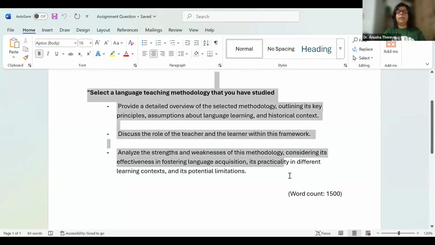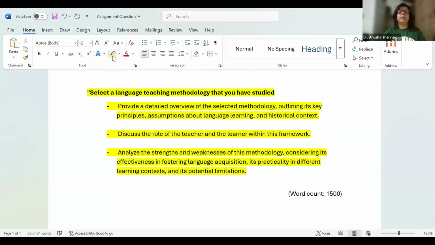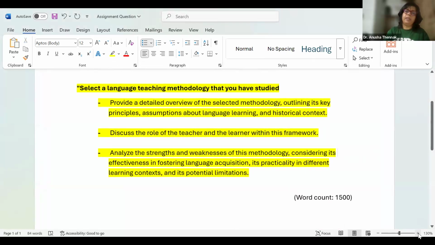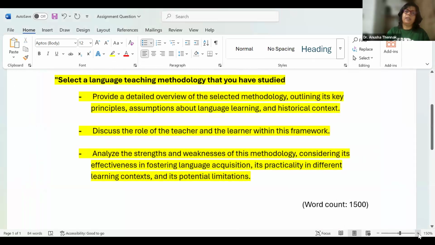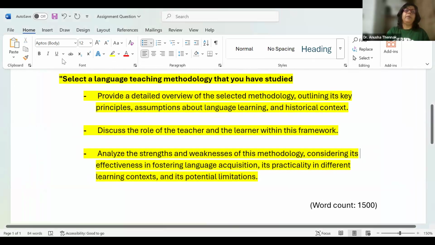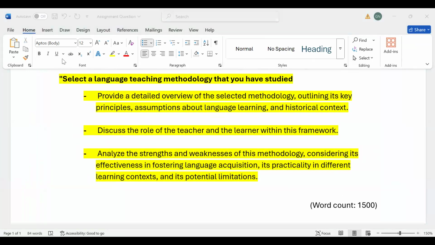Let me highlight it, then you will see it. Here, I hope you can see this. So take the assignment question into your mind. Just think about it. And you also have this? Yes, ma'am. Understand the question.